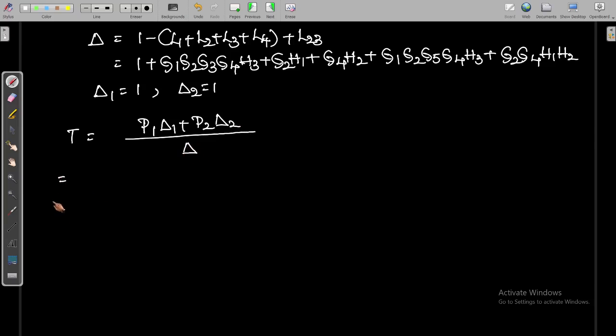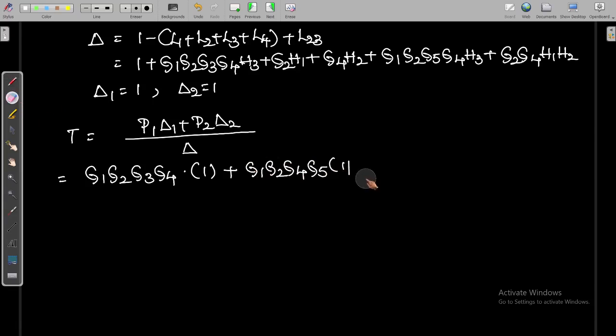P1 value is G1, G2, G3, G4, that is the one forward path, into delta 1, which is 1, plus P2 value, that is G1, G2, G4, G5, into 1. This is the next forward path. So this is P1 delta 1 plus P2 delta 2, that is the numerator.